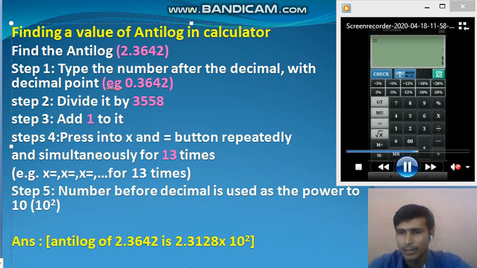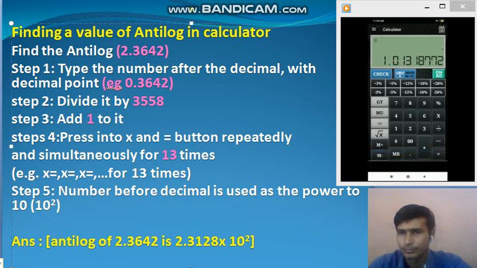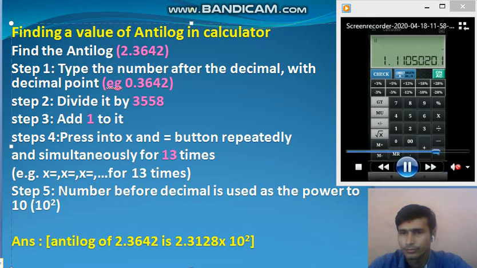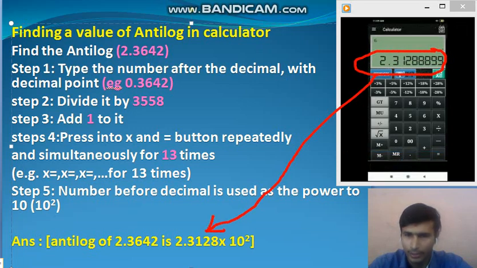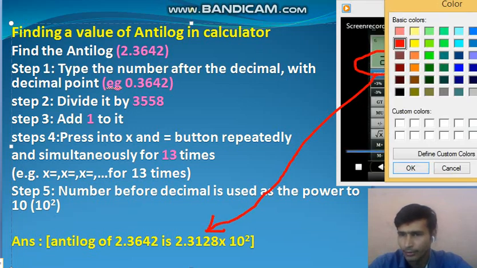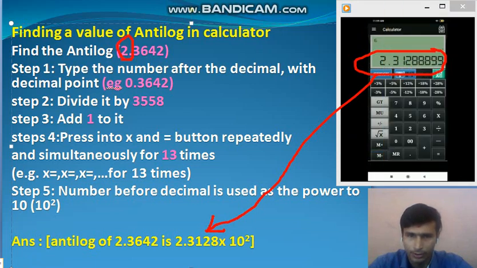Then press multiply and equal 13 times. We get our answer 2.312. So we write this answer 2.312 like this, and the 2 is written as the power of 10.